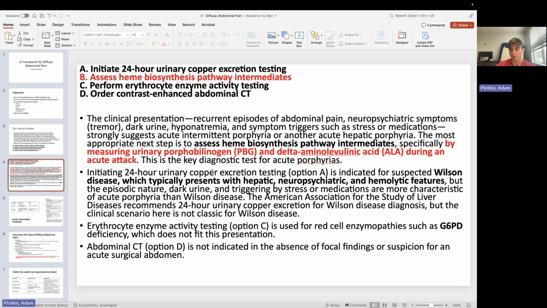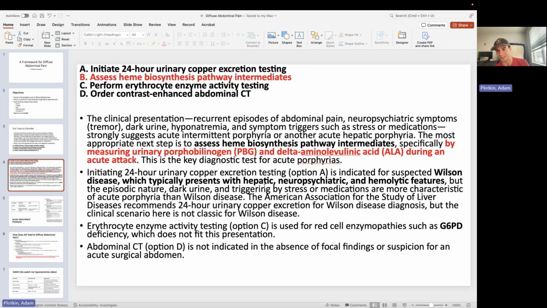But really, the other options, so why aren't we going to consider Wilson's disease, right? Wilson's disease would be A. That can cause hepatic, neuropsych, and hemolytic features. The episodic nature of this patient's presentation and the dark urine stimulated by stress and medications aren't really consistent with Wilson's. Wilson's is more of a progressive deterioration, and the pain is usually localized to the right upper quadrant.